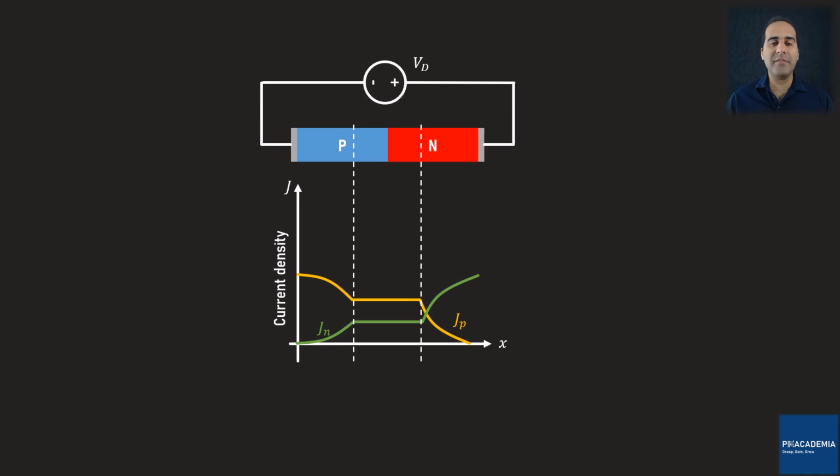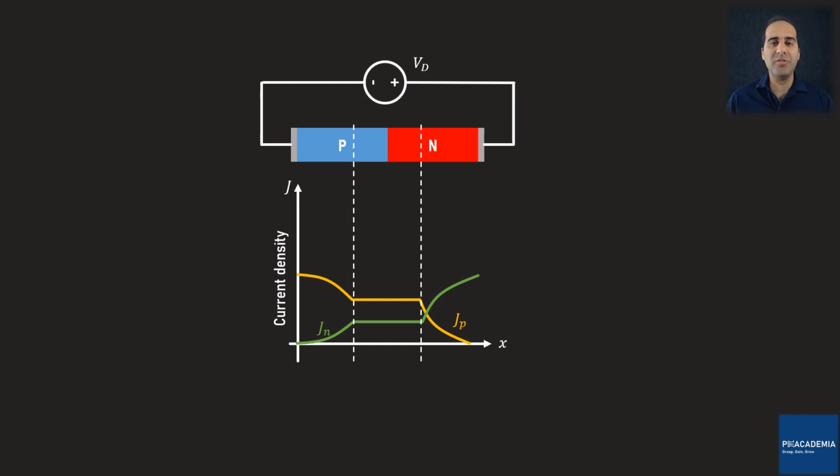The yellow curve is the current density due to the holes, and the green diagram is the current density due to the free electrons. As these curves show, close to the metallic contacts, the majority charge carriers are responsible for conduction, and as we get closer to the depletion region, the minority charge carriers become responsible for electrical conductivity.